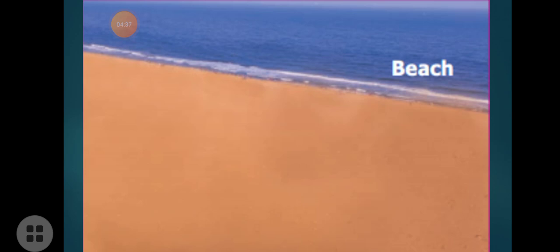Another example of third order landforms is beaches. So what are beaches? Look at this here, the brown portion of sand plains, they are called beaches. How are beaches formed? They are formed because of deposition. In valleys we saw erosion.